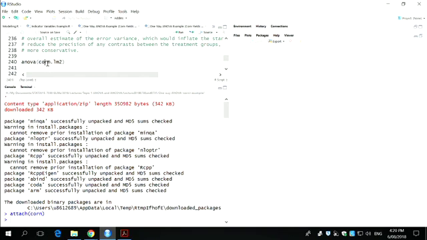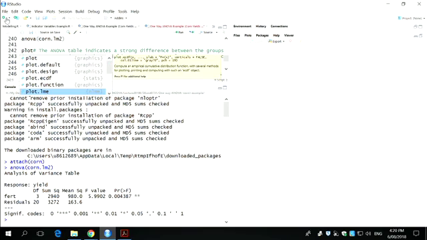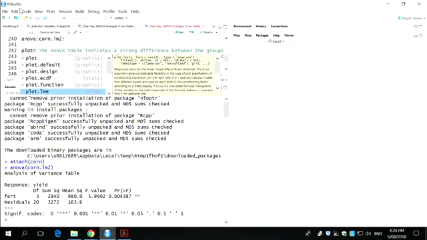So, the model we finally decided on was this one. That's this analysis of variance table.